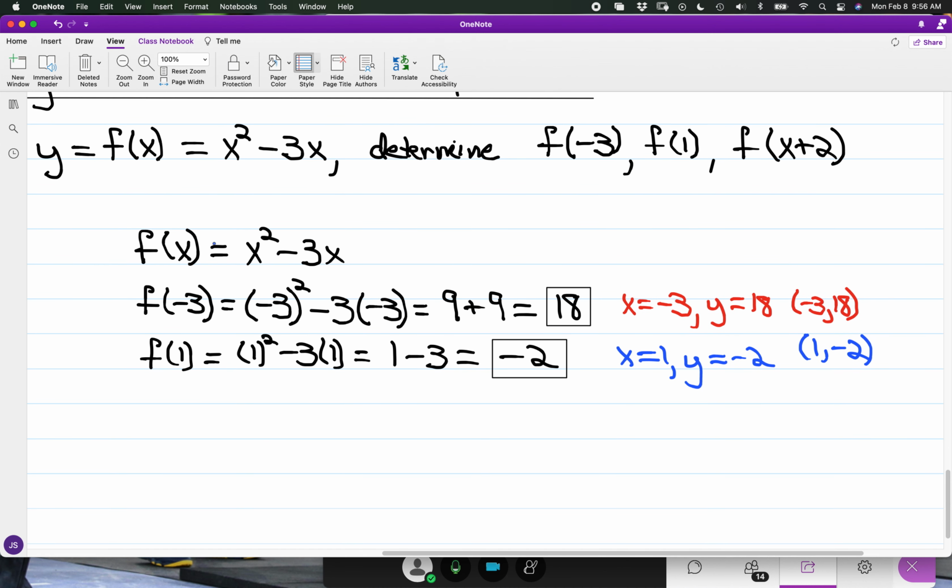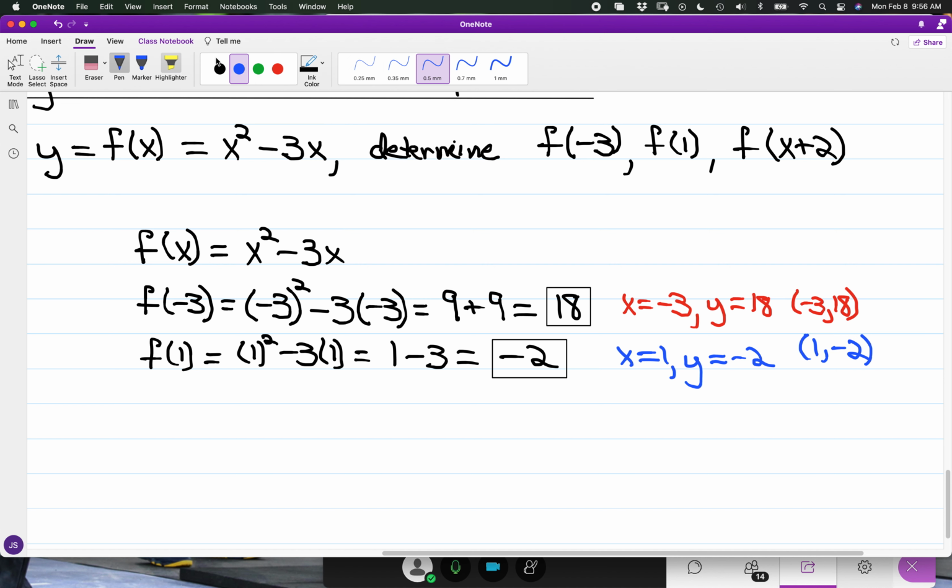Now, extending from x out to x plus 2. Transitioning, looking at not a specific point, but just looking at a change in the dynamic of the general output as we go from x to x plus 2 for the input. So for f of x, we have the square of x minus 3 times x.